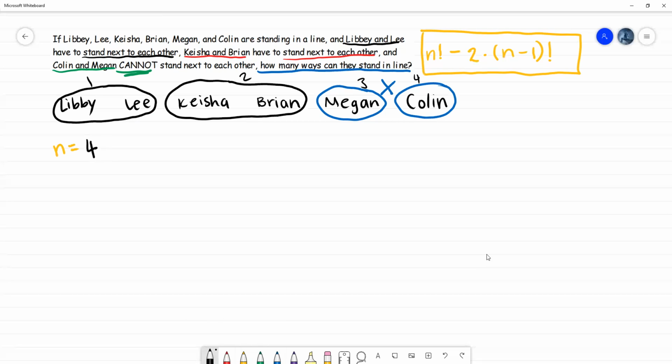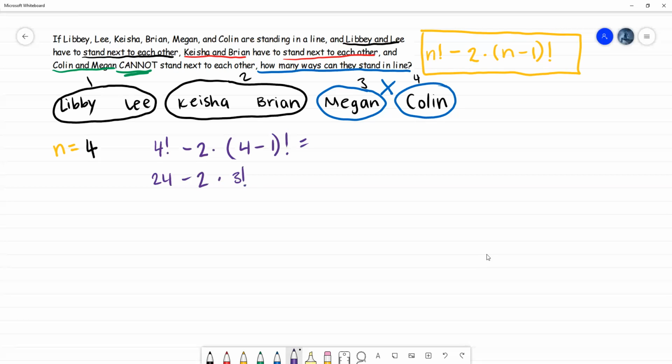So let's plug it in. I'm just going to use another color. 4 factorial minus 2 times 4 minus 1 factorial. So let's solve this. 4 factorial, which is also the same thing as 4 times 3 times 2 times 1, is equal to 24. So 24 minus 2 times 3 factorial.